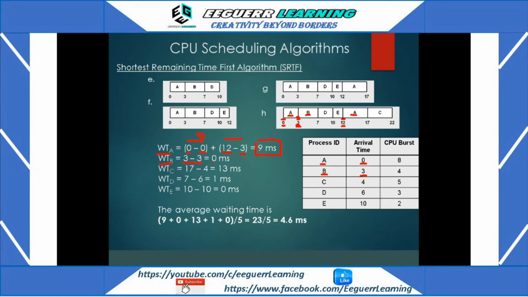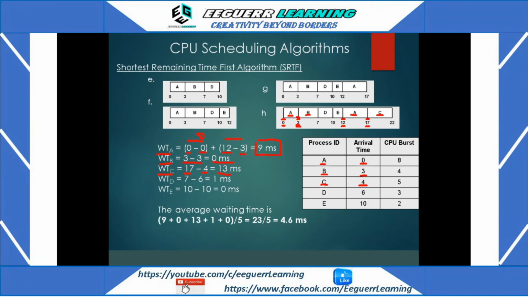Subtracting will give us 0 milliseconds. Next is the waiting time for process C. Look for process C and its tail and get the value, which is 17, and look at process C here and get the arrival time of 4 and place it here.